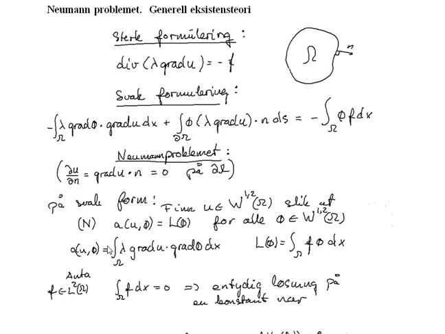So as before, we have this bilinear form a of u, phi defined by this integral, and a linear form defined by this integral.